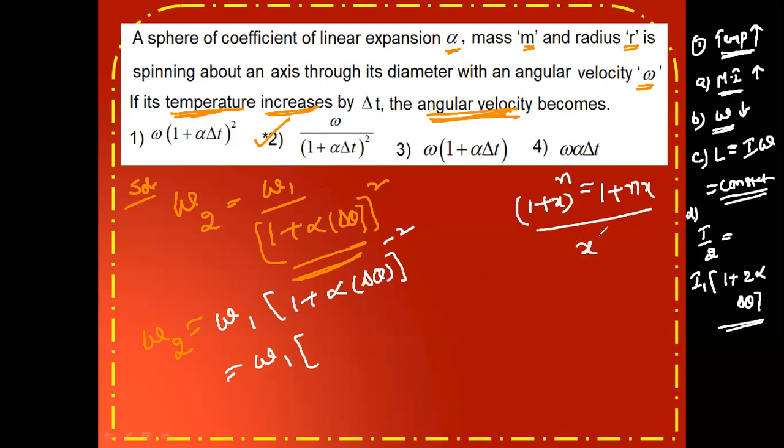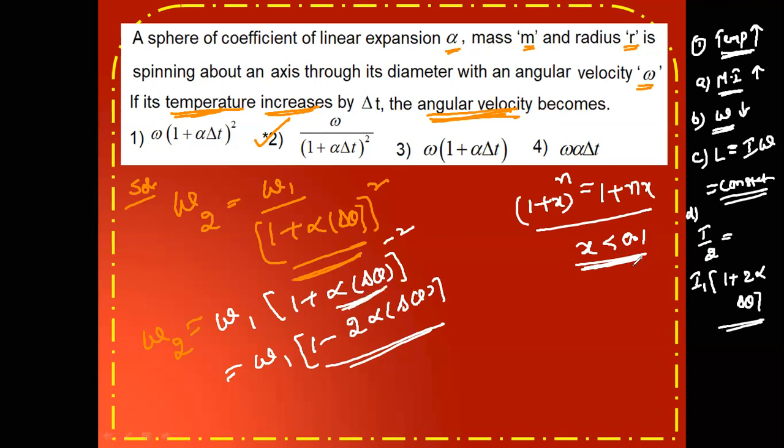Here, if you want to do this, the value of x should be less than 0.1. It is a mandatory condition. So omega 1 into (1 minus 2 into alpha into delta theta). So you may have a question: sir, how can you say that alpha into delta theta is less than 0.1?